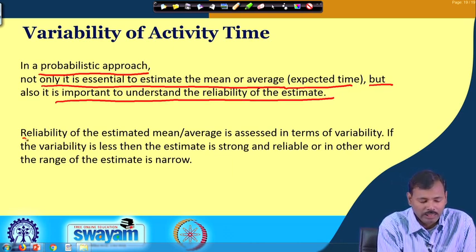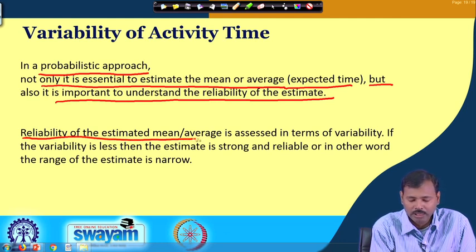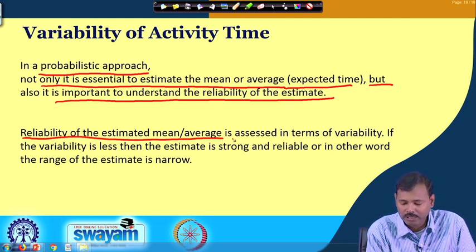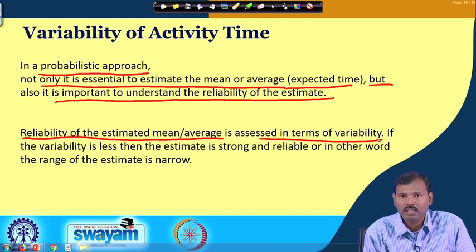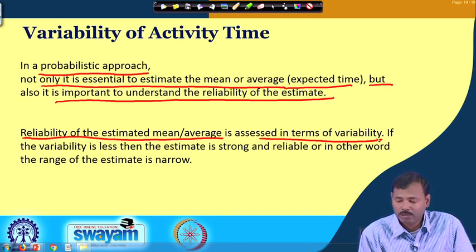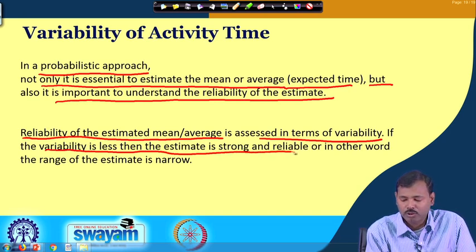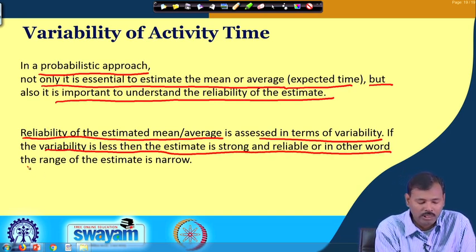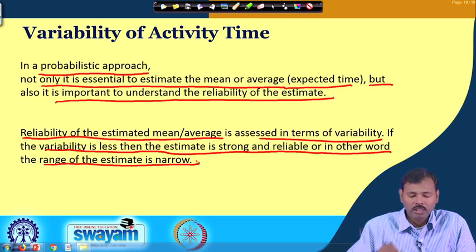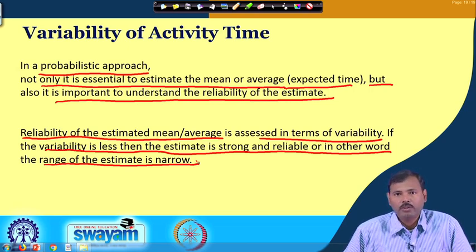And in this case, the reliability of the estimate of the mean or average is assessed in terms of variability, or in other words you can say variance. If the variability is less, then the estimate is strong and reliable. In other words, the range of the estimate is very narrow.